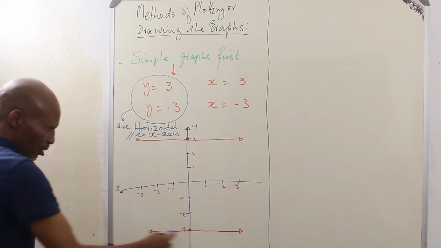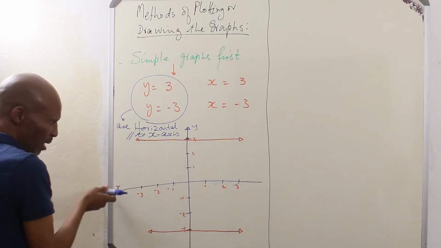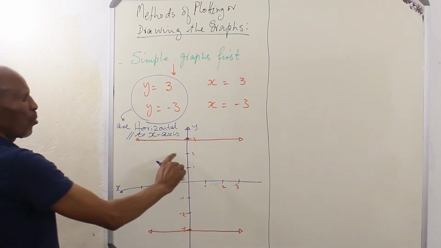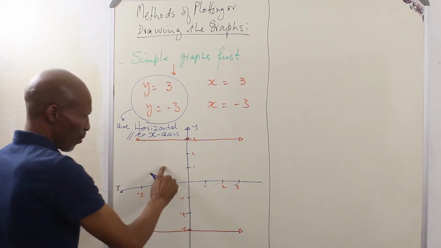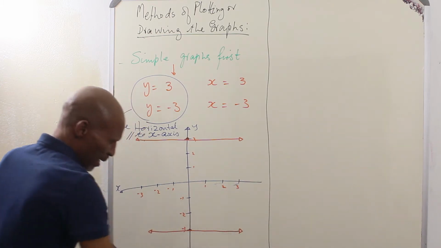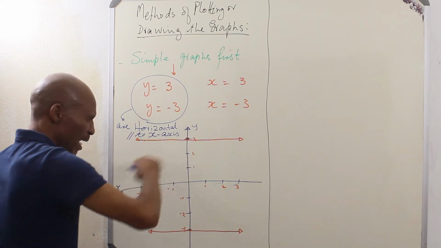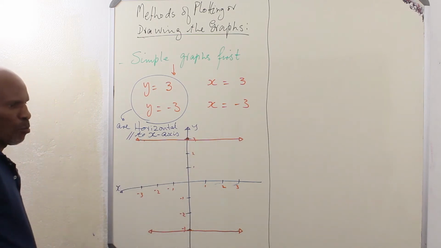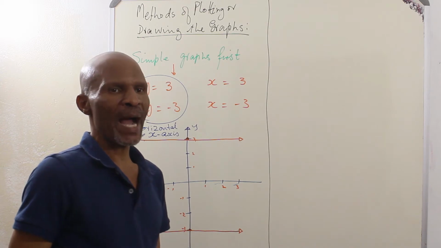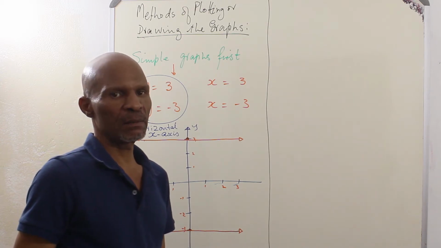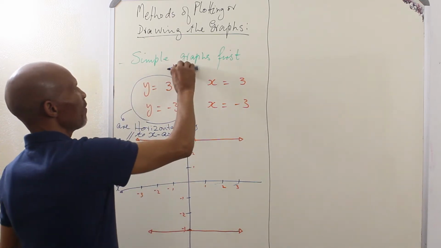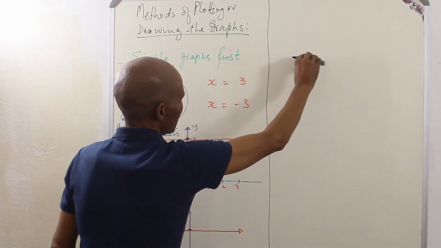They are horizontal, parallel to the x-axis. Ngisho ungadweba u-y 2, u-y 1, u-y minus 1, wonke azoma kanje. Mangabe ke umbuzo usuthi kuwe draw a graph y is equals to 7 parallel to the x-axis.